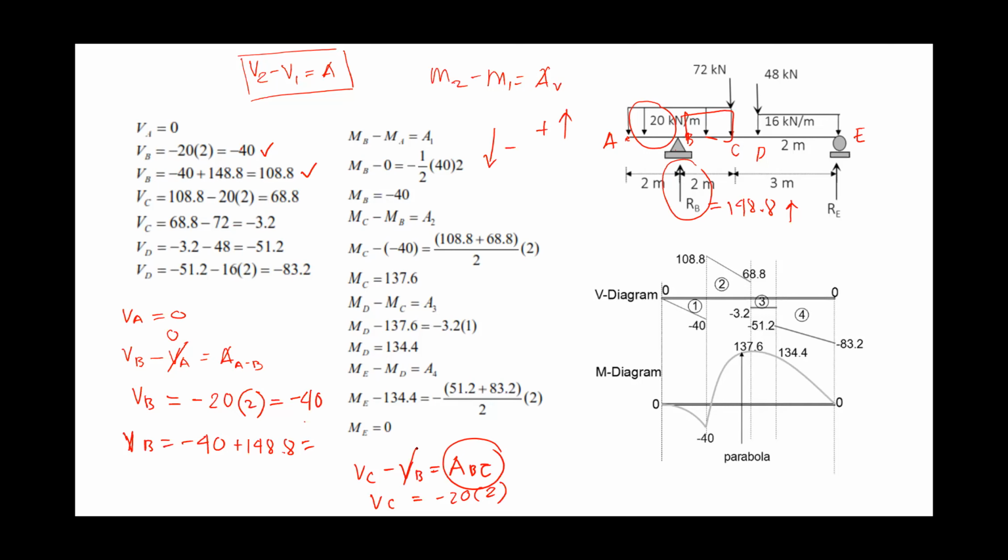So, ang VB natin ay, ano na nga yung VB? 148.8. Ay, sorry. 108.8 pala yan. 108.8. Yan. Tapos, makokompute natin yung VC, which is 68.8.